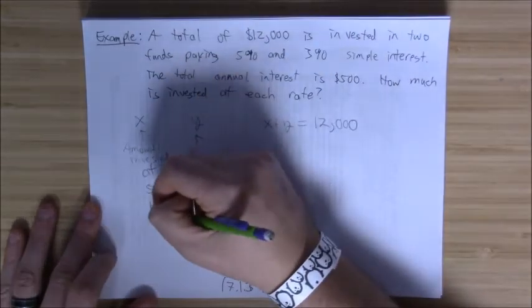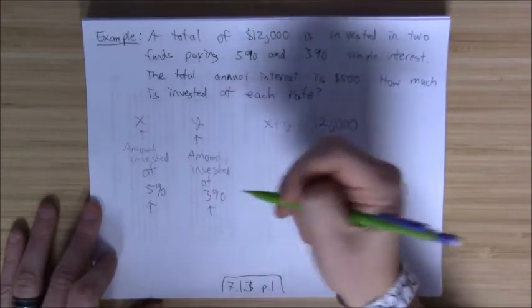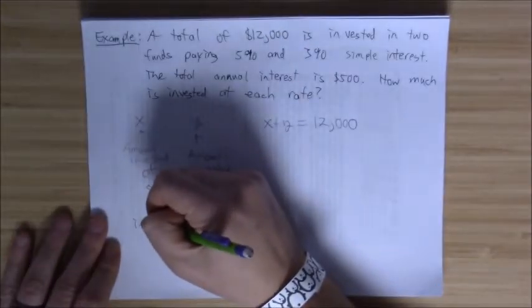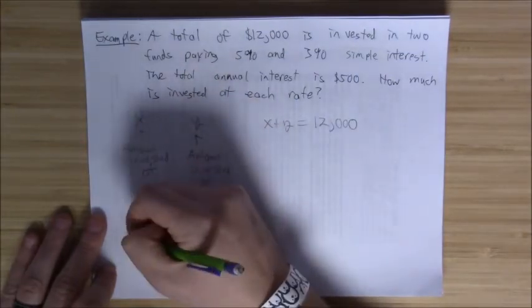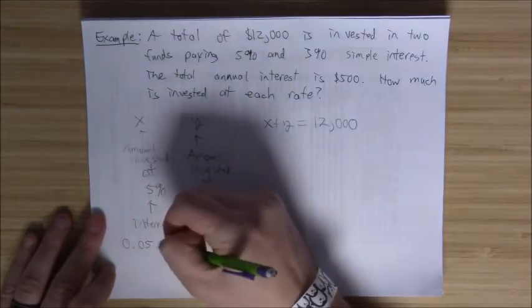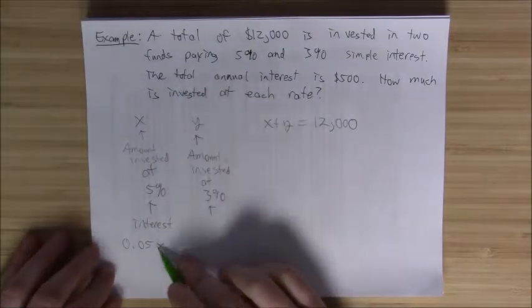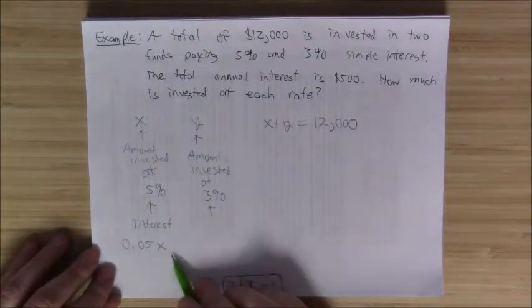So let's go further down here, and let's say the interest will be 0.05 times X, because you take 5% of whatever your amount was invested there.